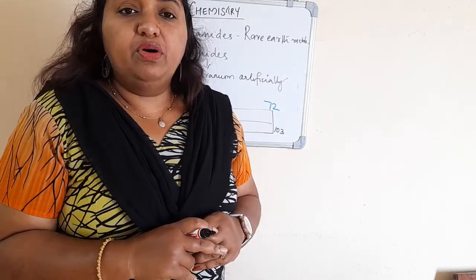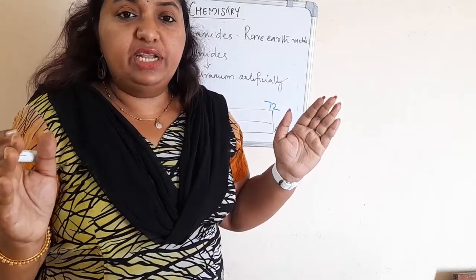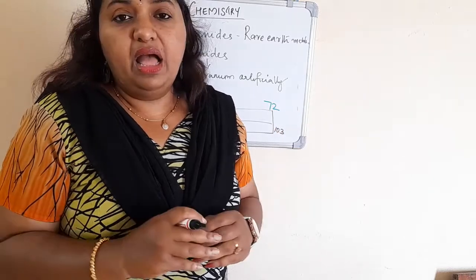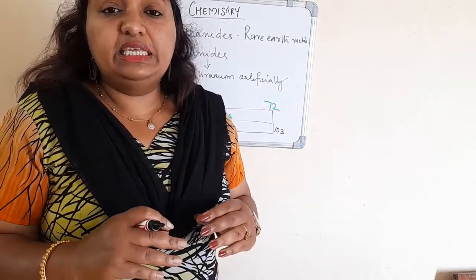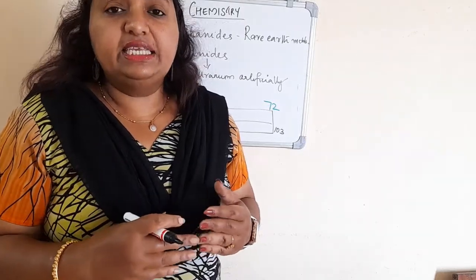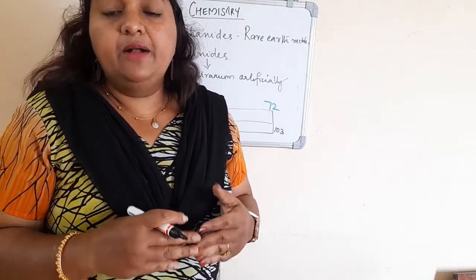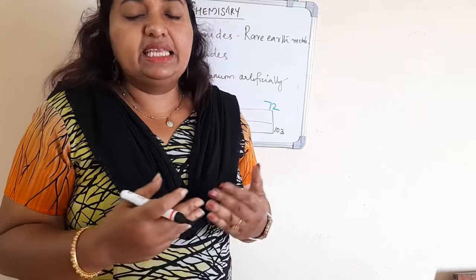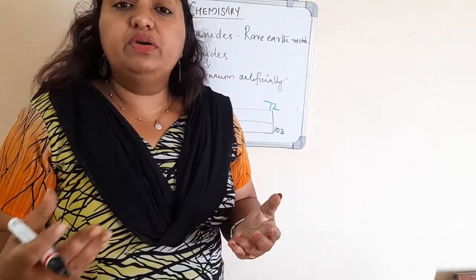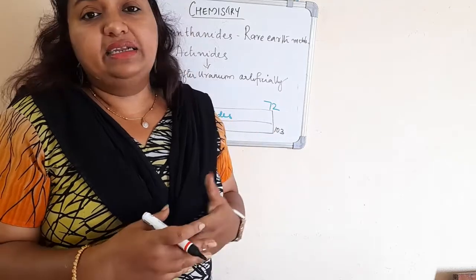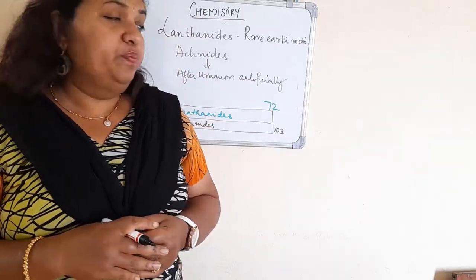Then we studied about the elements between these two, that is from group 3 to group 12. They are known as transition elements. They show different characteristics, that is different oxidation states, they act as catalysts, and they form colored compounds. Then what about lanthanides and actinides, which we have studied now?